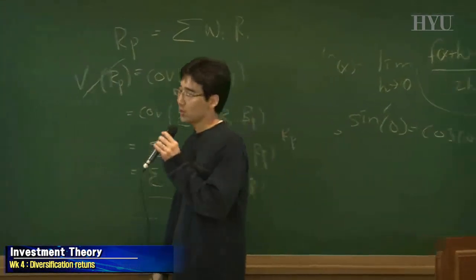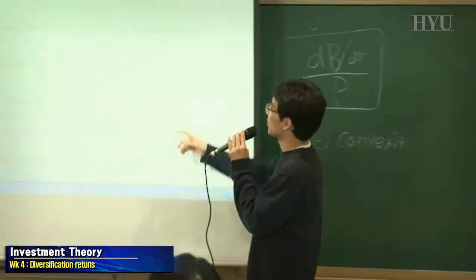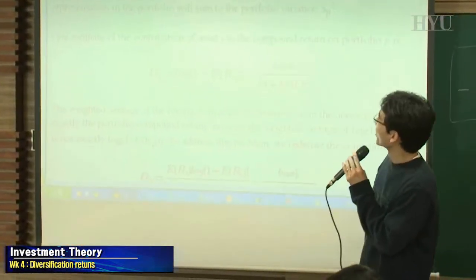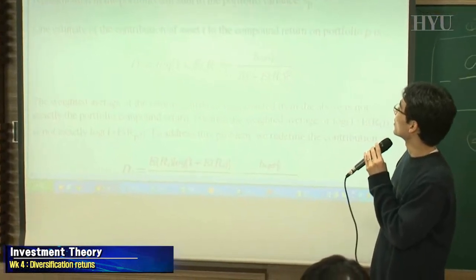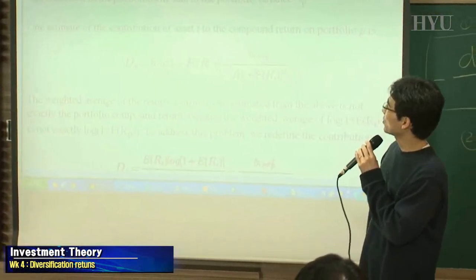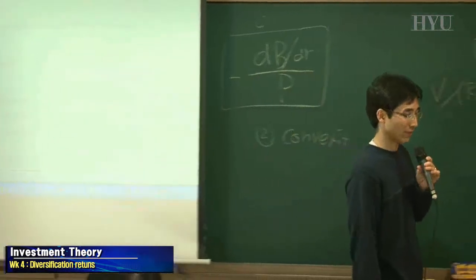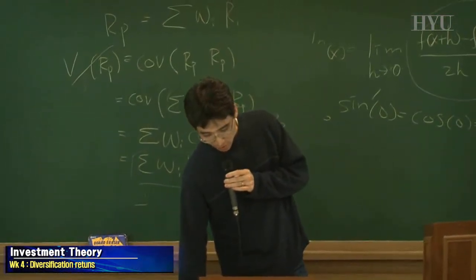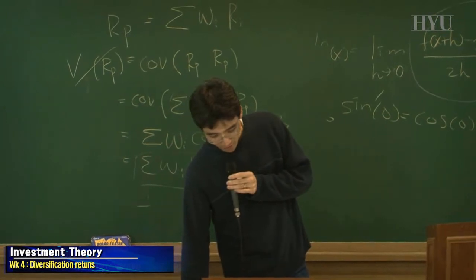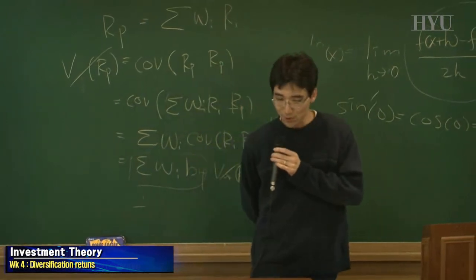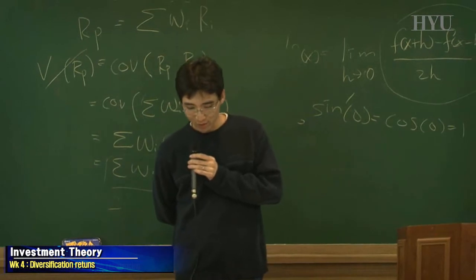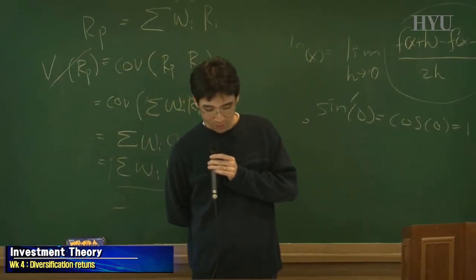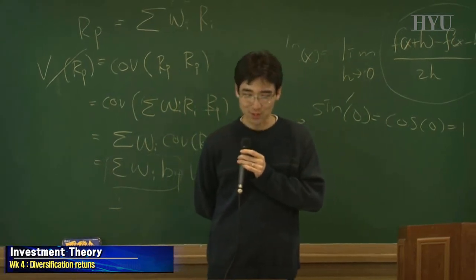Instead of the variance, we want to use covariance in the numerator. But there is one small problem with this definition, because the weighted average of the return contribution estimated from the above is not exactly the portfolio compound return, since the weighted average of log 1 plus ERi is not exactly log 1 plus ERp.